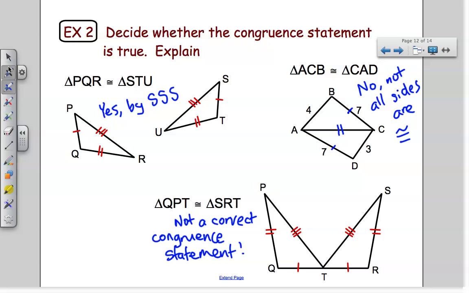I guess the correct way, if they wanted to do triangle QPT congruent to triangle, now QPT, 2 tick mark, 3 tick mark, I would have to do RST. And I'll say that is correct. And it would be by side, side, side. So make sure today that even if it looks like side, side, side works, make sure they write their congruence statement correctly, otherwise make that change.